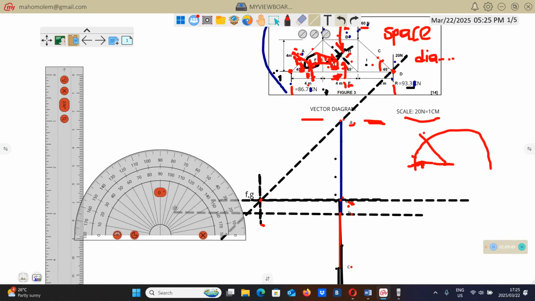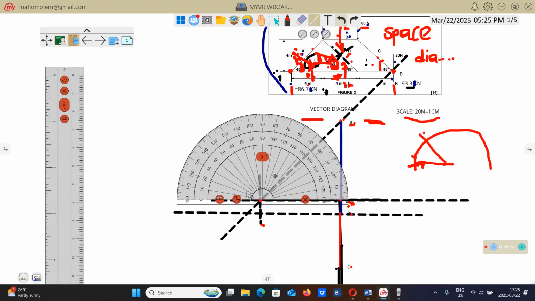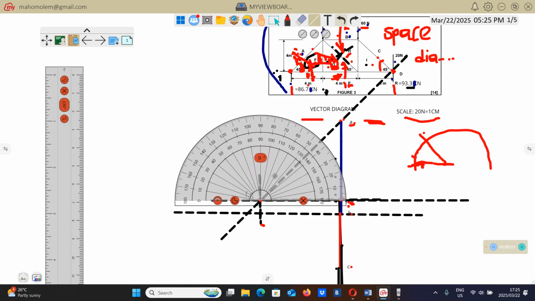So the protractor comes in, at point G. You put your protractor like that. Now this 45 is measured on the left hand side of this joint. So here is the joint. The angle of 45 is formed by this line and this line. Here's the included angle.